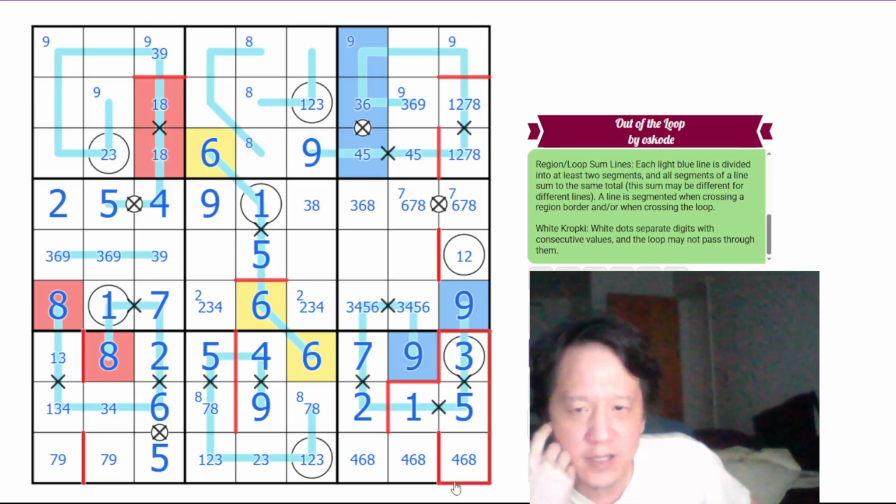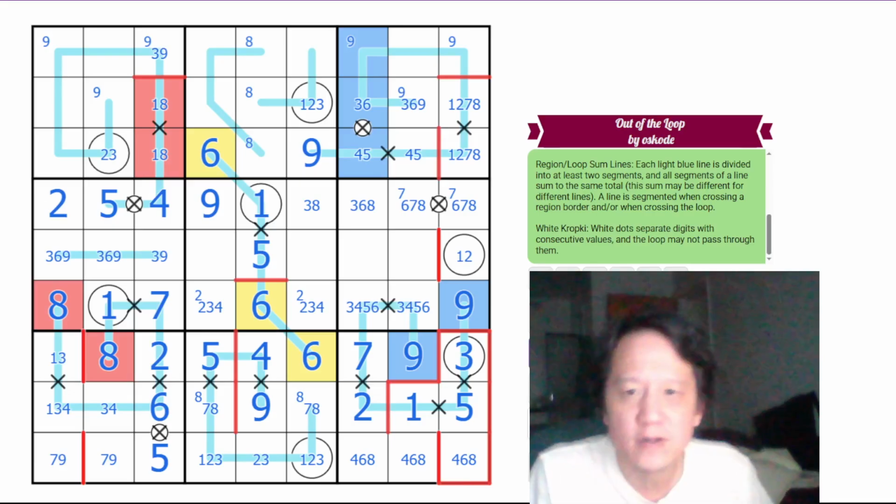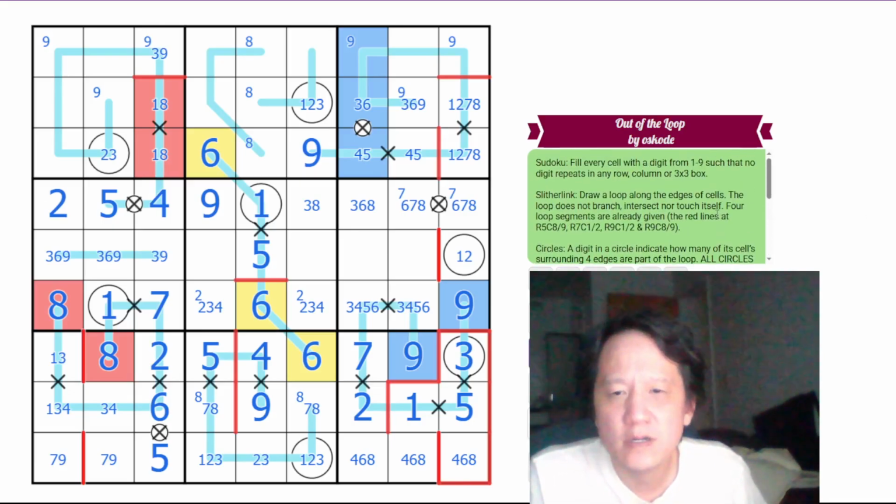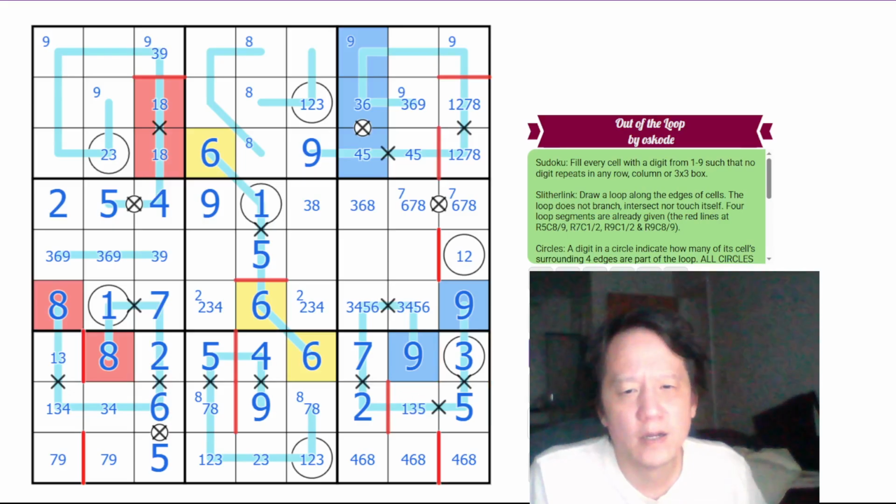Unless the slither link doesn't... in which case I have to redo the 4, right? Because otherwise this has to go here, and it basically forms a loop there, and that would branch then. Okay, that's problematic.